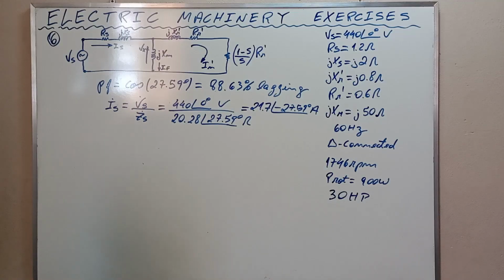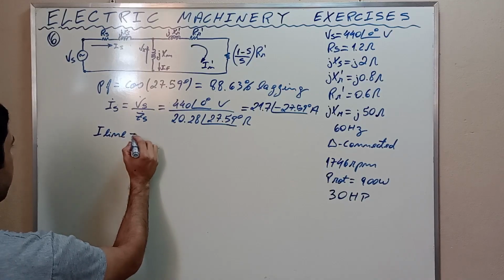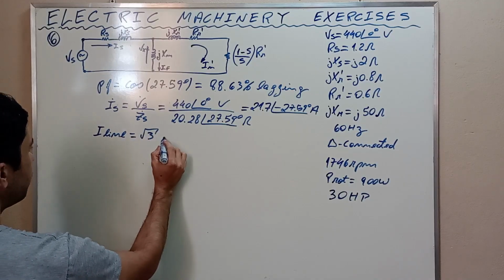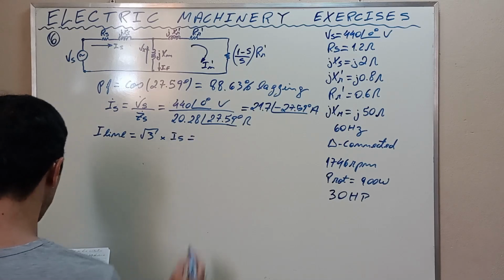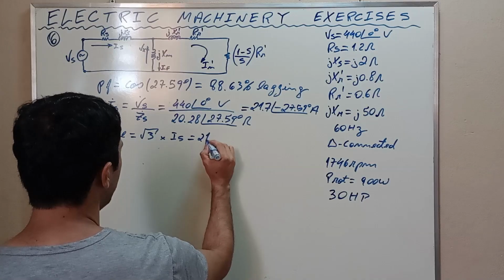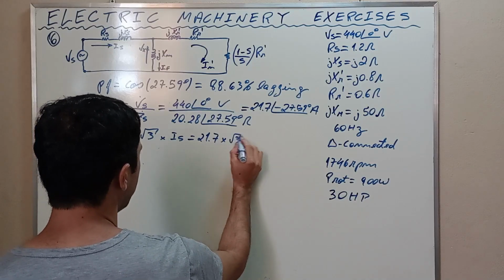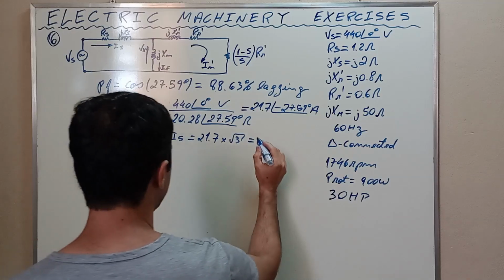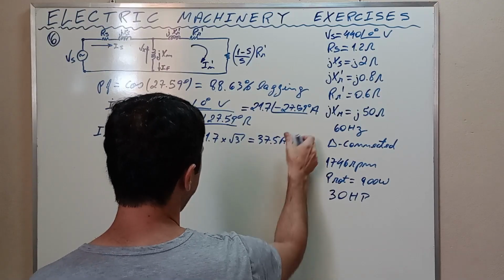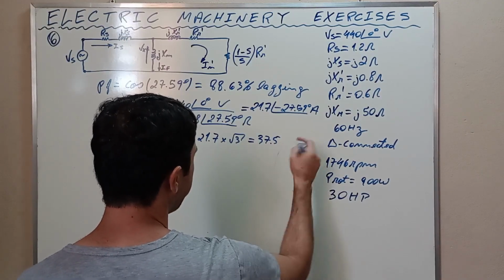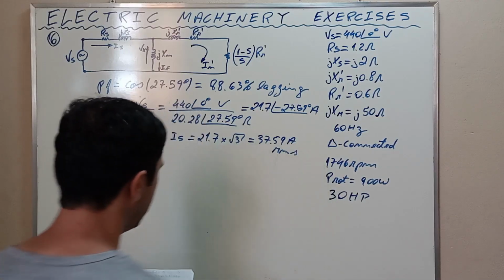The line current is equal to the square root of 3 times the phase current, which is 21.7 times the square root of 3, equal to 37.59 amps RMS.